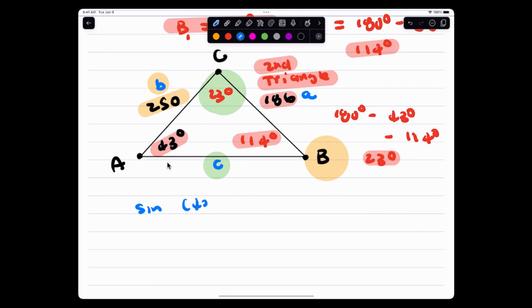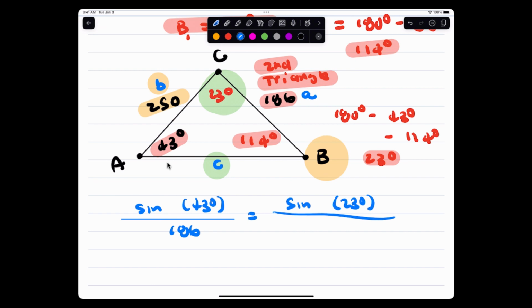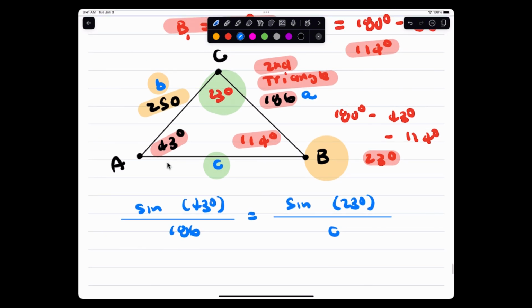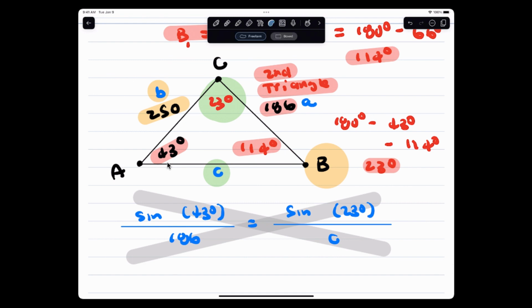Sine 43 over 186, which is sine 23 over little c. And again, that's the second triangle, okay?